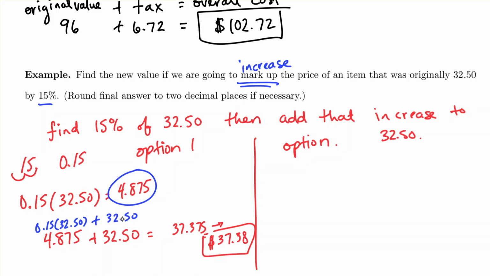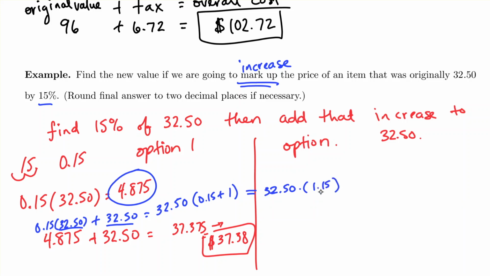Now, if we factor this out, do y'all see that the 32.50 is in both places? You can bring out the common term, and I'm left with 0.15. And when I bring out 32.50 of itself, there's only 1 left over. You took 1 of them out. So then this becomes, in our option 2, 32.50 times 0.15 plus 1, which is 1.15.